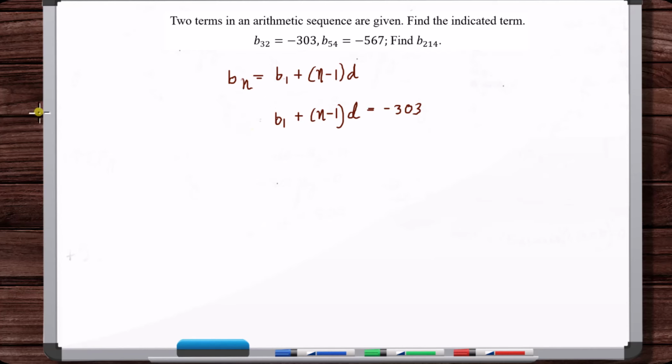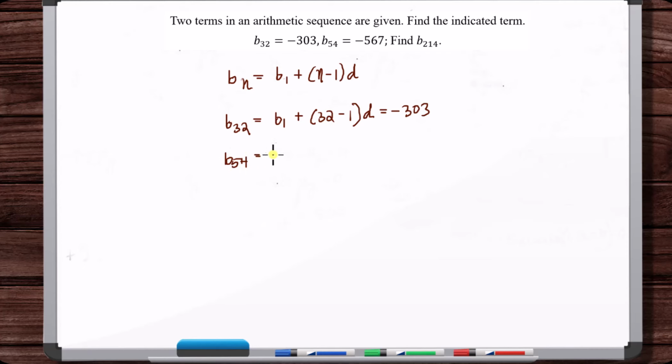We can substitute 32 for the n, right? So we could say 32 minus 1, because it's B32, times d is equal to minus 303.